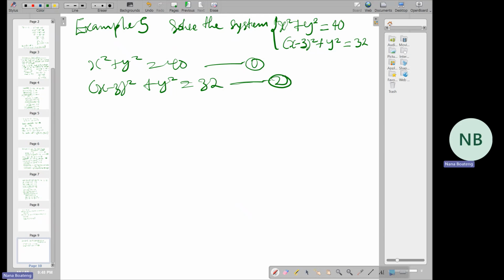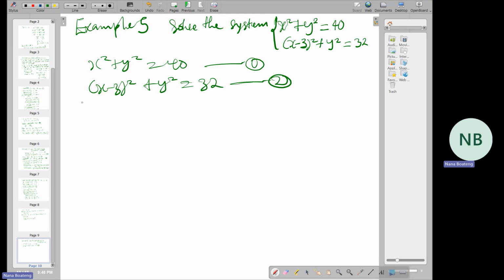All right, so the easiest way to solve this would be the addition method. If we subtract equation 2 from equation 1, which is equivalent to multiplying equation 2 by -1 and adding that to equation 1.